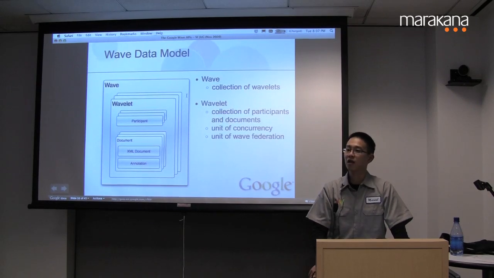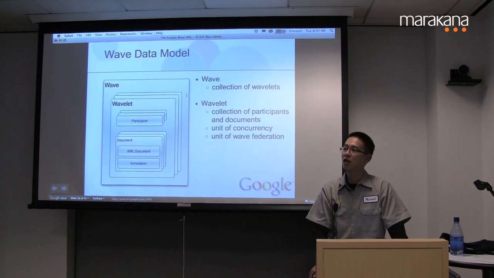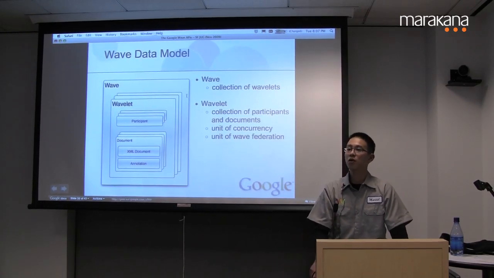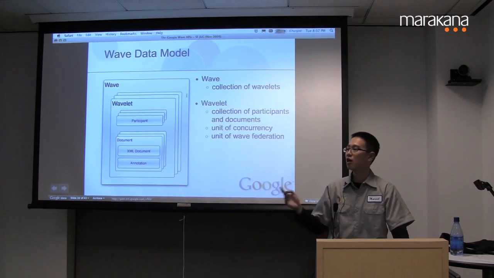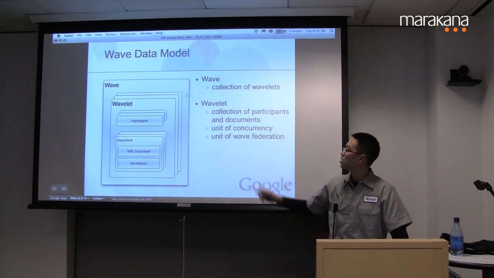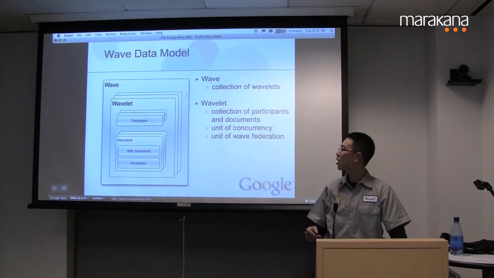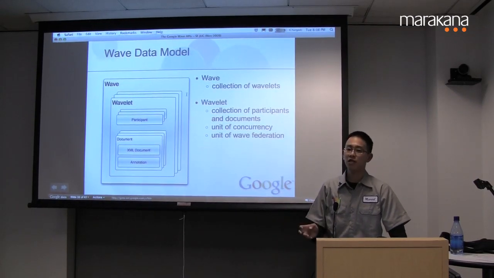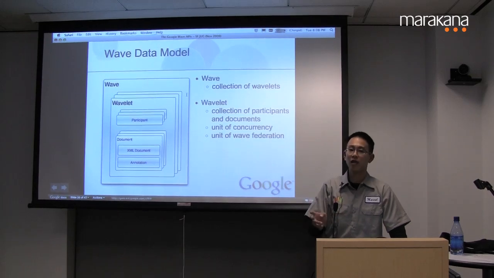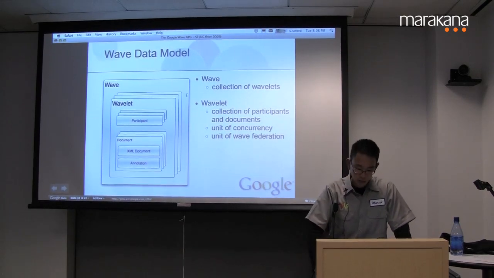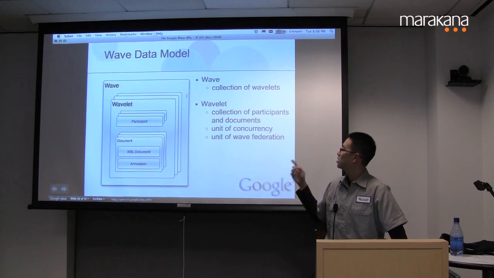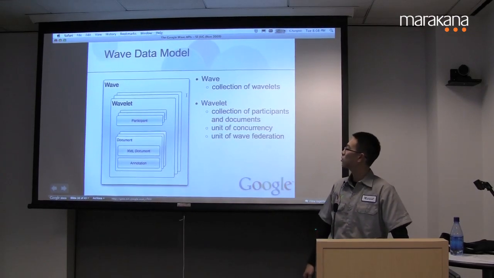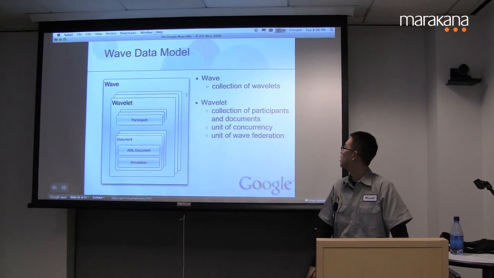A wave can contain multiple wavelets, and each wavelet contains a list of participants that controls who can read and write to the documents that the wavelet has. A wavelet can contain multiple documents. Each document consists of an XML document and also annotations that annotate that XML document. The wavelet here is the unit of concurrency, and also the unit of Wave federation.